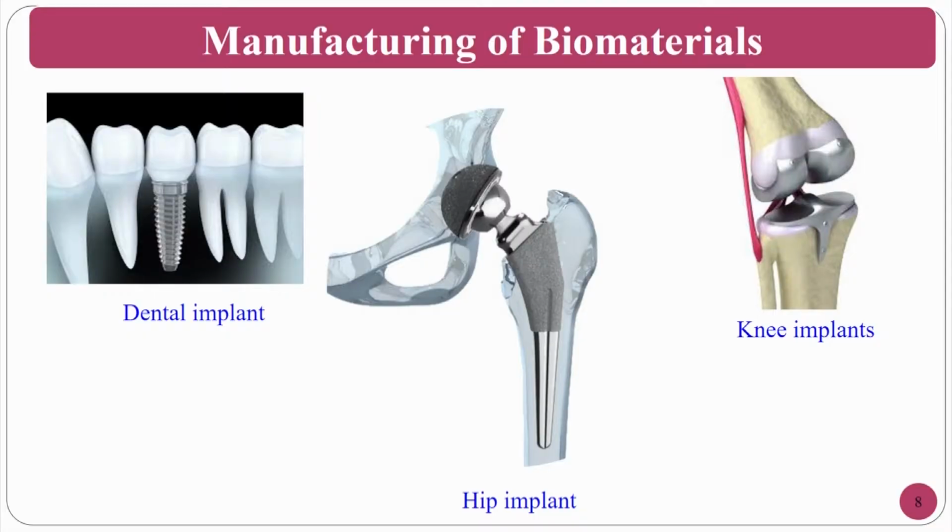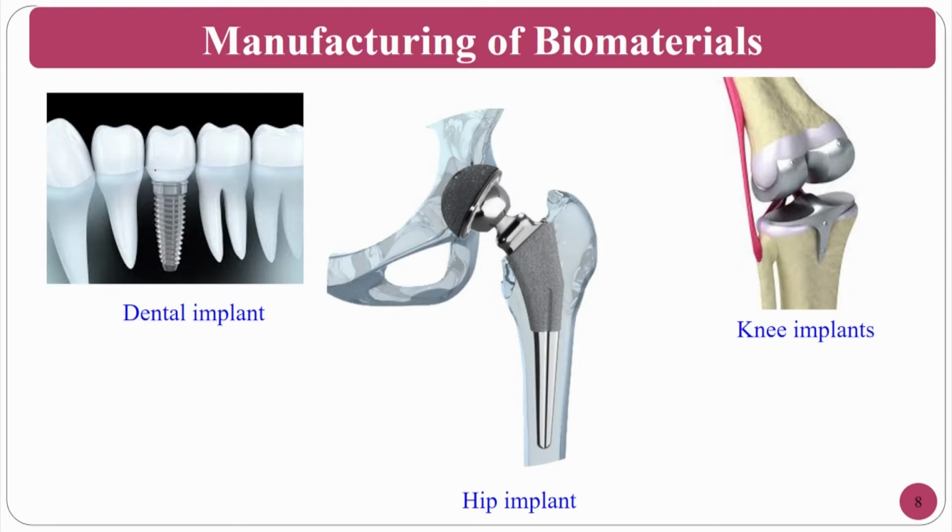If you see the dental implants, you clearly see our teeth inside will look like this. Similarly, we are also going to develop, or the people who are doing the research will develop, in a similar trend.